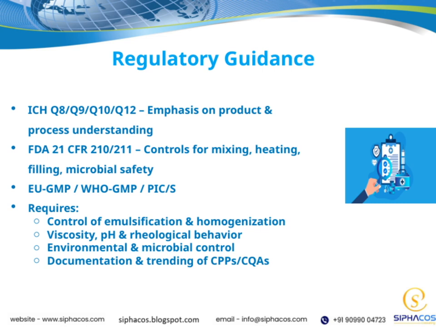Overall, these regulatory guidances serve as a foundation for robust process control, helping us deliver safe, effective, and high-quality products consistently. They remind us that thorough understanding and control are at the heart of good manufacturing practices and product quality.